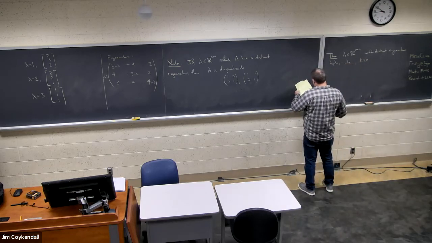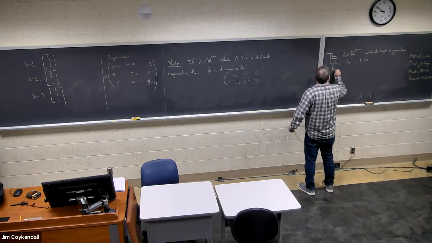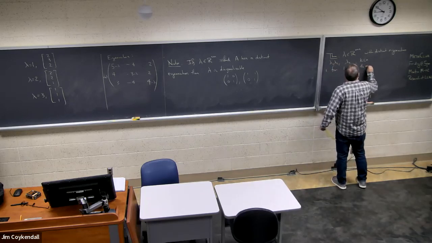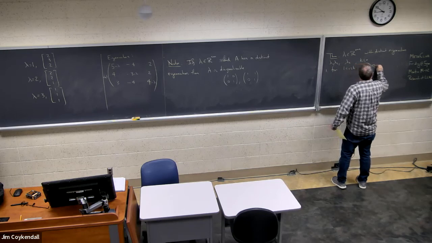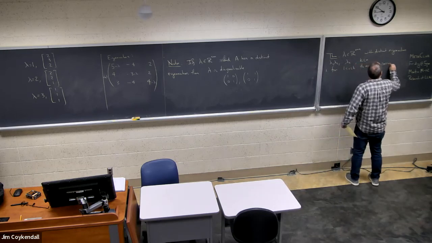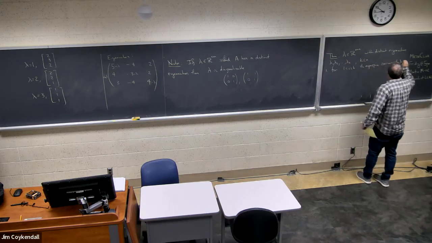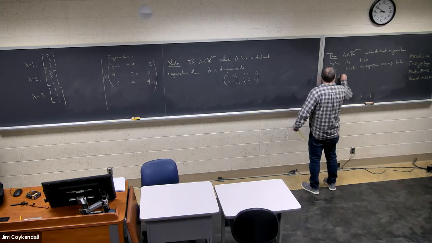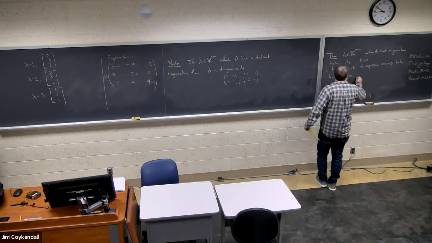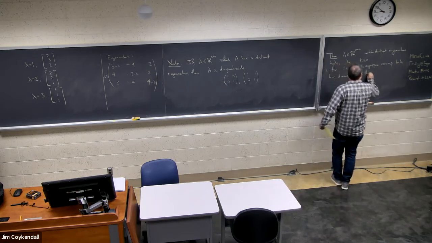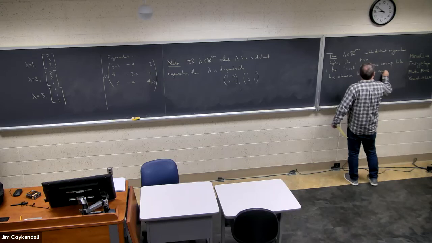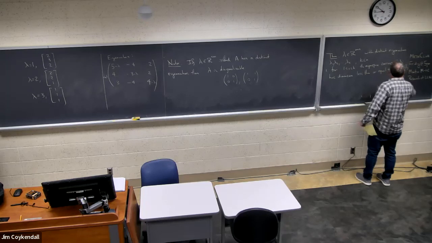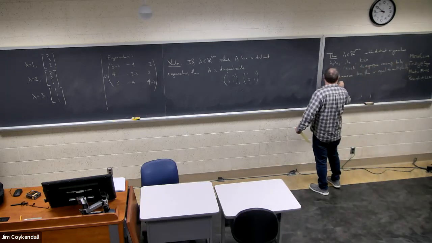Number 1, for all values i between 1 and k, the eigenspace corresponding to lambda i has dimension less than or equal to the multiplicity of lambda i.